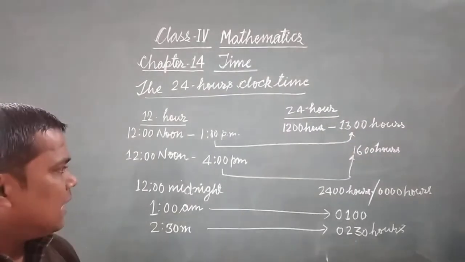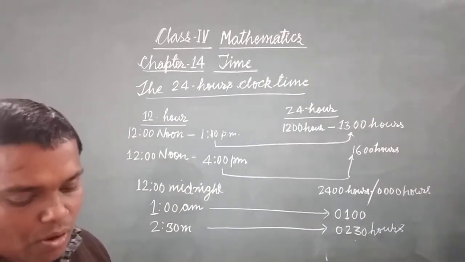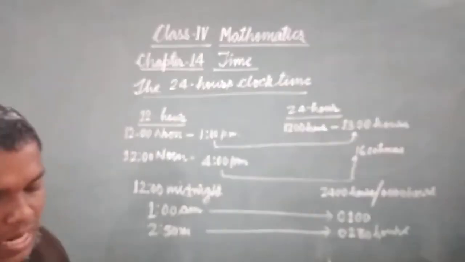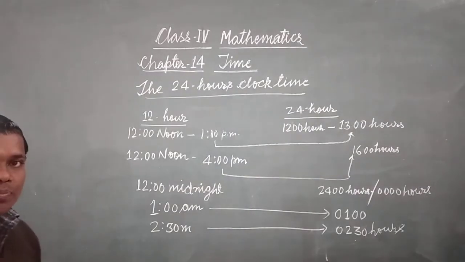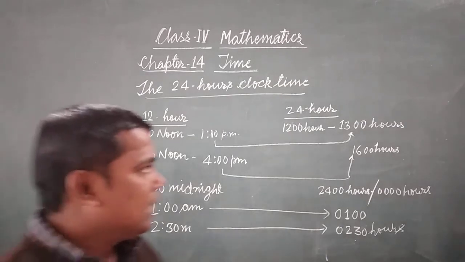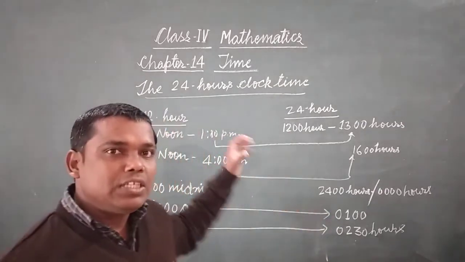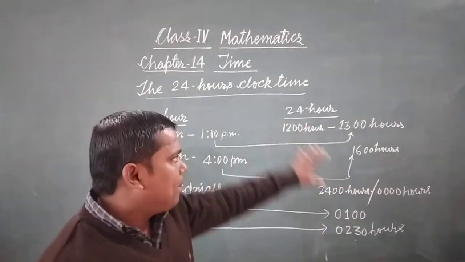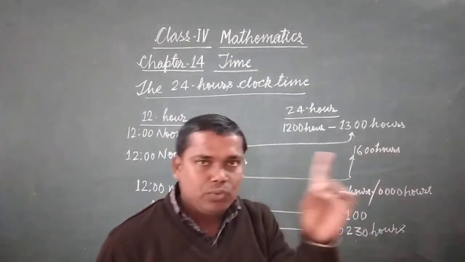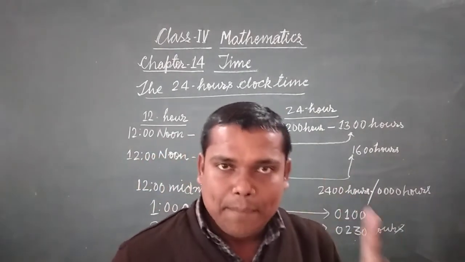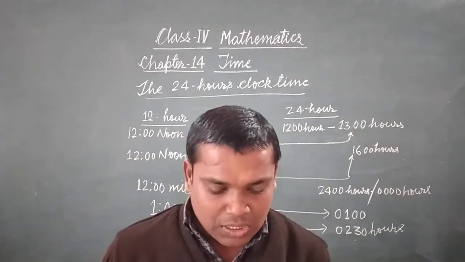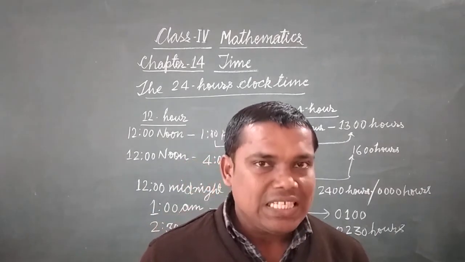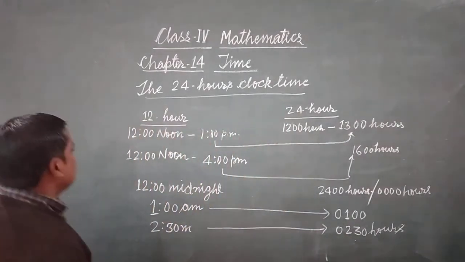So you directly write the time from 12-hour format to 24-hour format, and from 24-hour format to 12-hour format. Remember that in 12-hour format we write time in AM and PM, but in 24-hour format we do not write AM or PM. Okay. So I hope that you will be able to do the questions from the exercise.